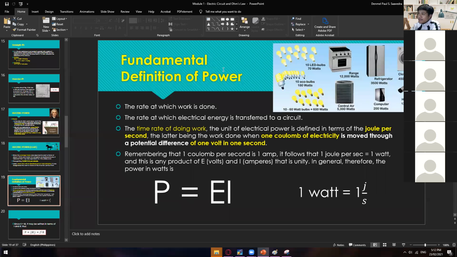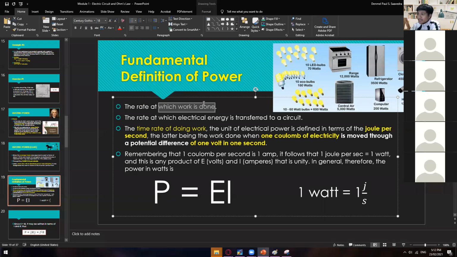So we have here the fundamental definition of power. Power is the rate at which work is done, or the rate at which electrical energy is transferred to a circuit, or the time rate of doing a certain work. We have another unit, 1 joule per second.